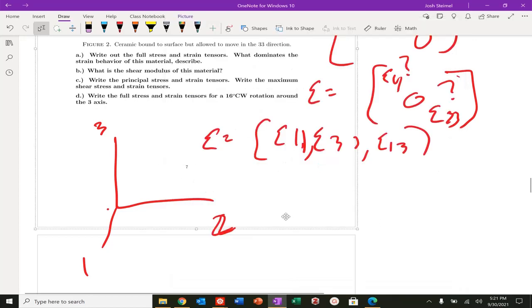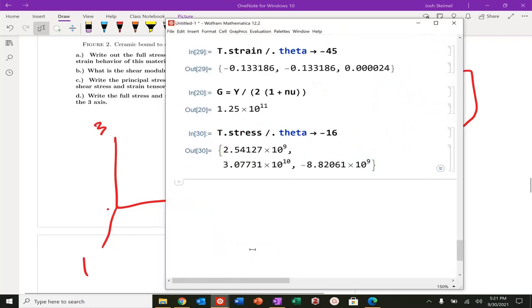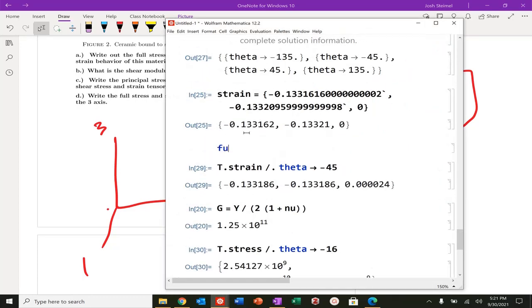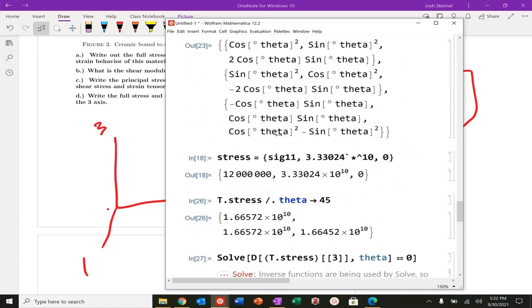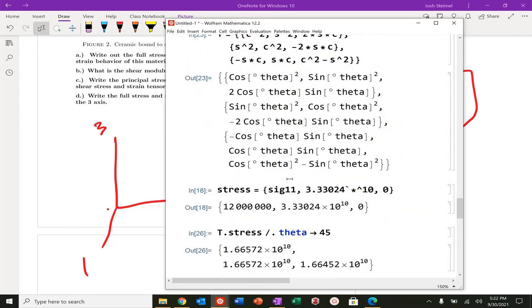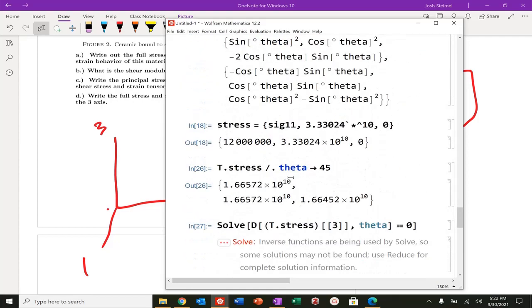Now, unfortunately for strain, we are not rotating around our plane, so I'm going to actually have to write out the full strain tensor. Full strain is equal to my strain 1,1, which we definitely had, going all the way back, my strain 1,1 value.